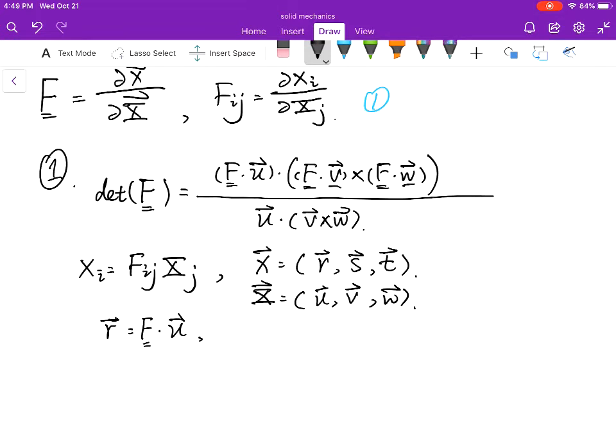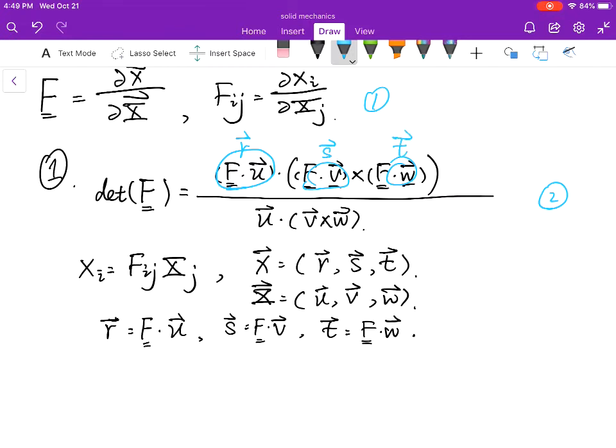Similarly, s equals F times v, and t equals F times w. So as you can see in equation 2, this is r, this is s, and this is t.